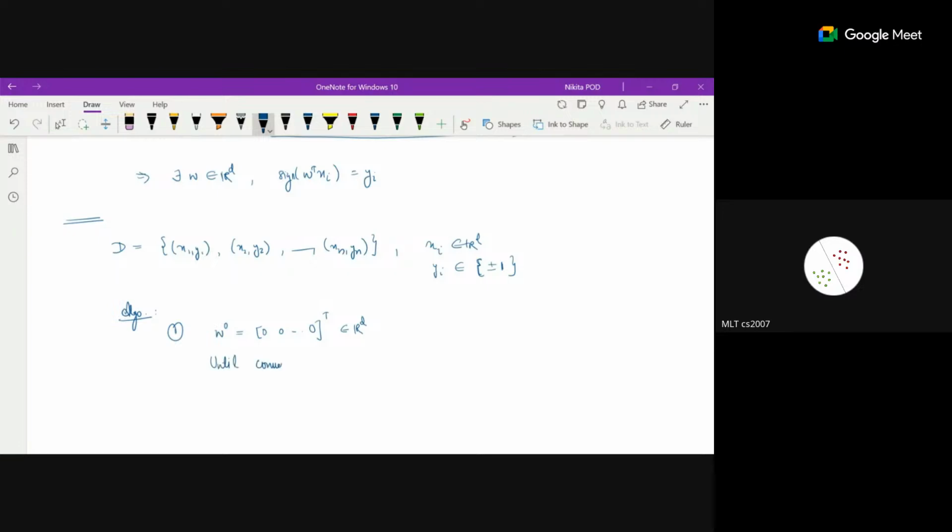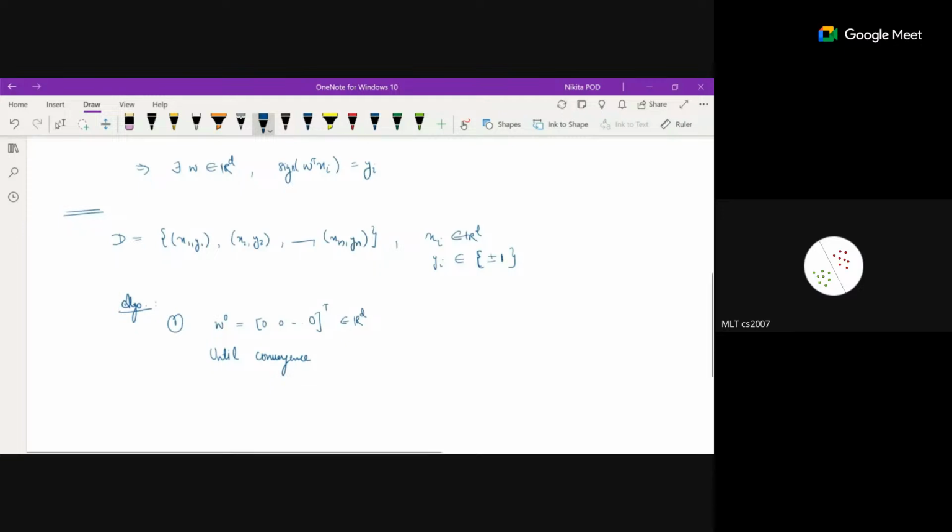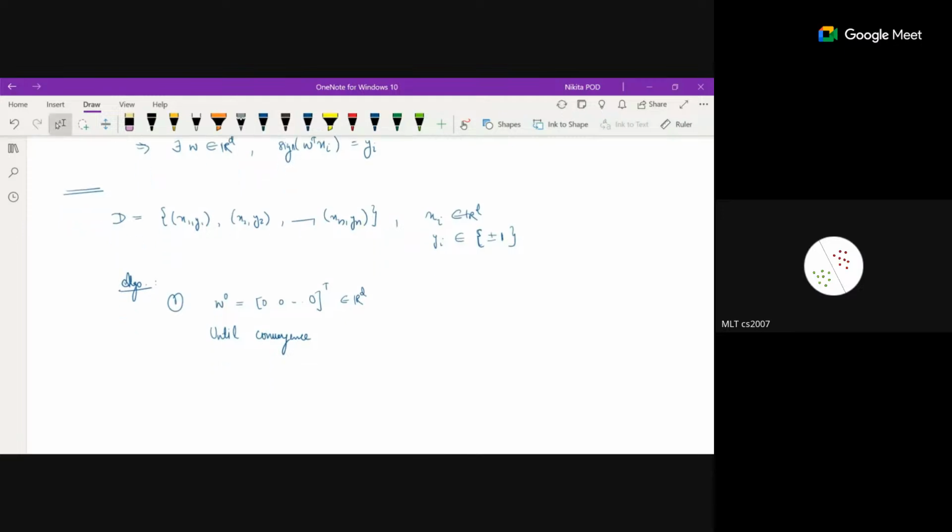Until convergence means you reach a point where your W is correctly classifying all the data points, with all the positive labels on one side and all the negative labels on the other side. When W is exactly correctly classifying all the data points, we can say the algorithm has converged.